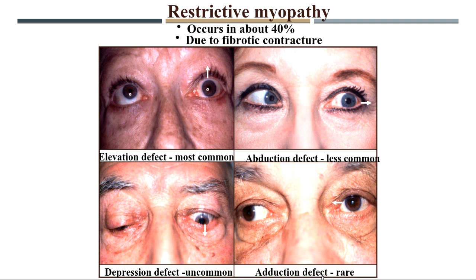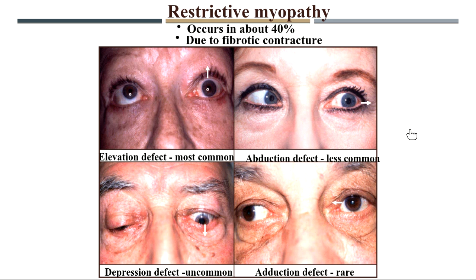Remember now it's a restrictive myopathy, right? So what happens is that the inferior rectus becomes fibrotic, and so the patient is unable to elevate the eye. Okay? So in an elevation defect, it will be the inferior rectus that would be affected.